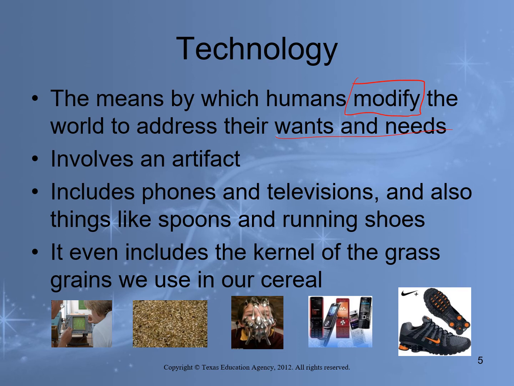You want to learn, or at least you need to by government decree, and this situation has been modified so you can watch this at home instead of showing up to school. This involves an artifact. An artifact could be whatever object it is. It could be your phone, it could be your TV, it could be something not electronic. So something you need to know is it does not need to be electronic.